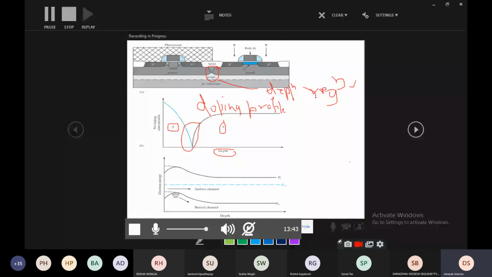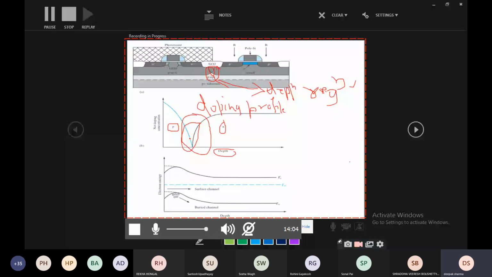So depletion region will be formed here. It is not shown exactly, but wherever P and N just intersect, there will be a depletion region. And in the depletion region, we know that there is no movement of charge carriers or there is no current, right? Hence, this doping concentration is decreasing here, right? Why? Because there will be recombination at this point.